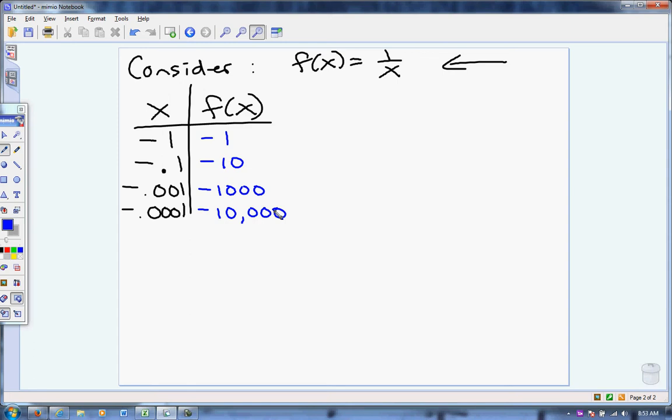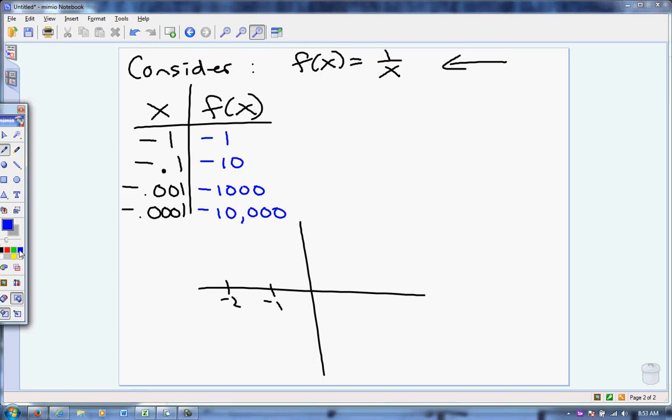So let's think about what that means graphically. If I look at the graph of this, here's negative 1, here's negative 2. We started at negative 1 and kept getting closer and closer to 0. At negative 1, it was negative 1. But then when we came over to negative 0.1, we're down to negative 10.